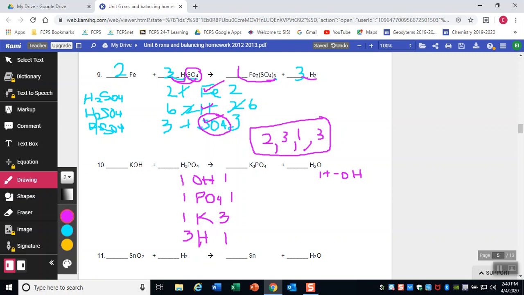All right, so what I need to triple here is my potassiums, right? So I need 3 on the left, so I'll put a 3 for my coefficients. Now I have 3 potassiums. That means I also have 3 hydroxides. So that tripled that.